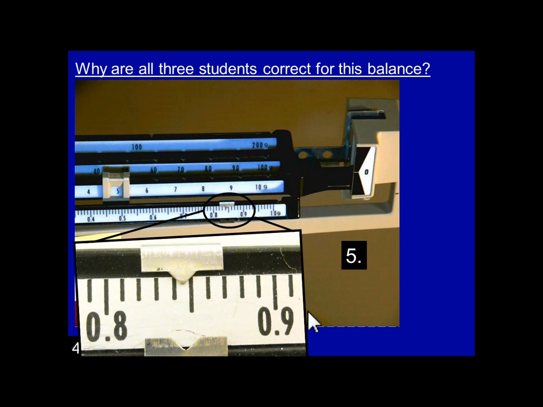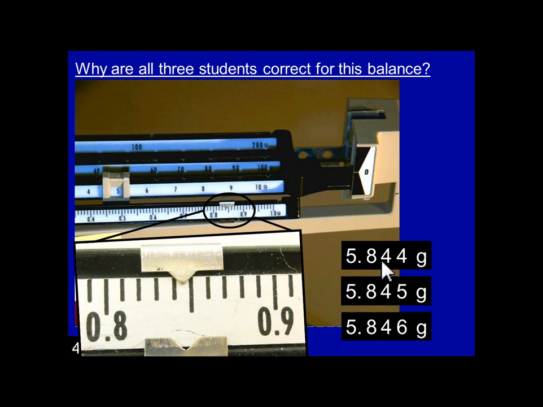Okay, so there's your balance, there's your measurements. 3 people getting the same measurements in the first 3 digits, and the third digit is the estimate. This illustrates the concept of precision as well as how we measure things in the chemistry lab.